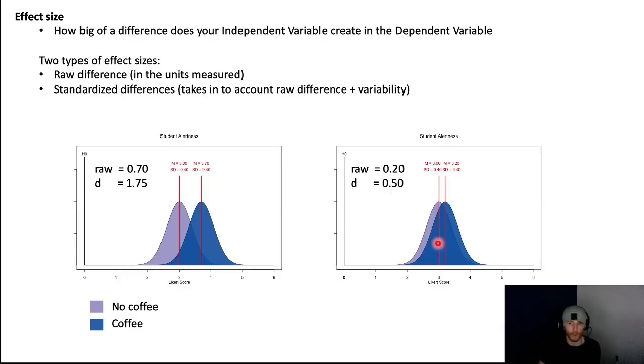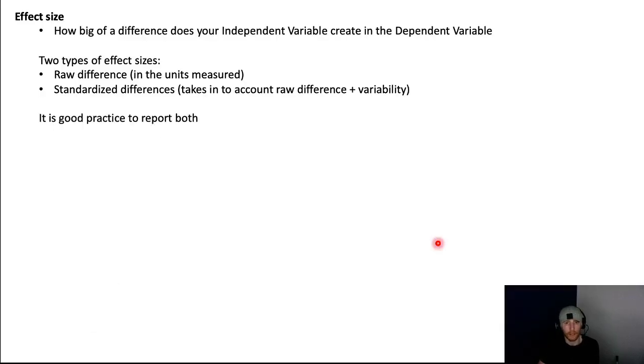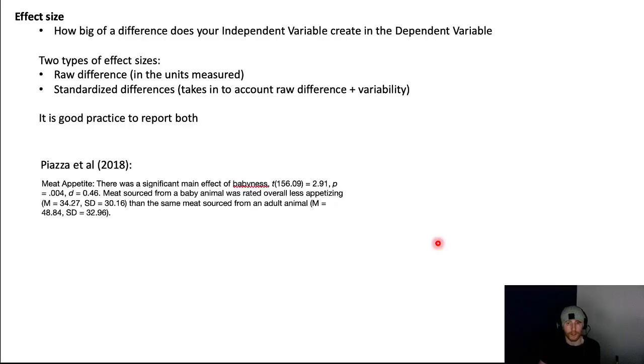You shouldn't only report one or the other, and in fact, it's good practice to report both, which, as you will notice in your assignment papers, the original studies that you can choose which ones to replicate, you can see that both are reported. Now, we don't explicitly have to report the mean differences. We report the means, and then people can calculate the mean differences if they want the raw score.